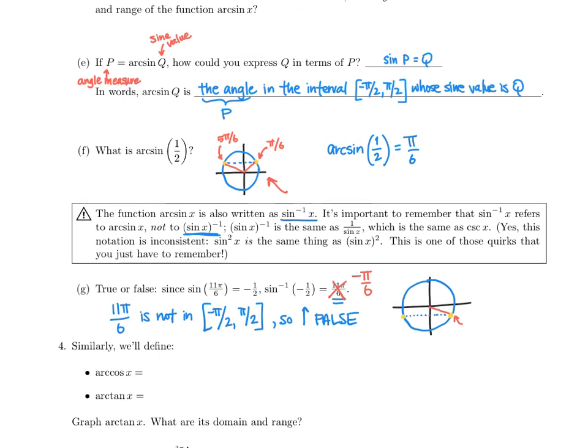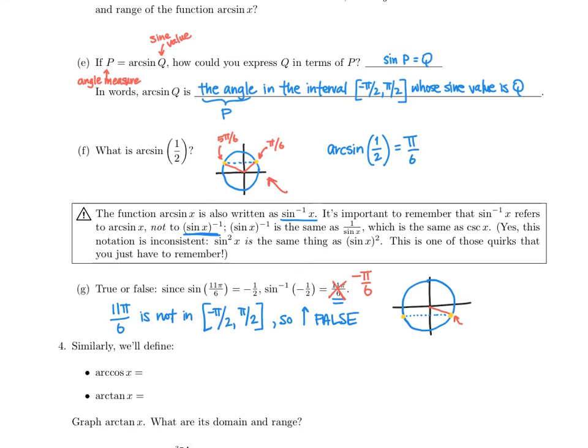So again, as long as you picked an interval that allowed the function on that interval to pass the horizontal line test, that would be an invertible piece of the function. But as a mathematical community, we need to agree on what we've chosen for cosine and tangent.